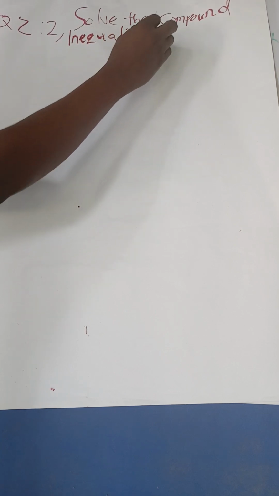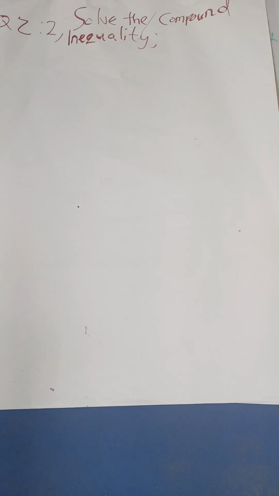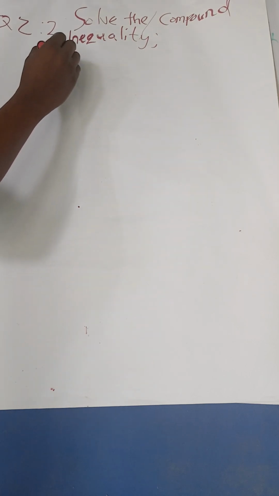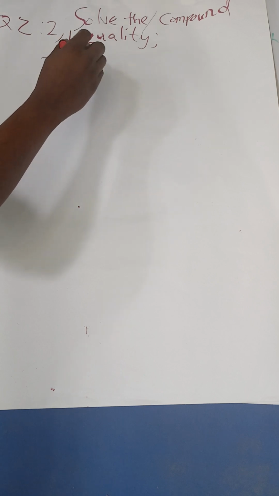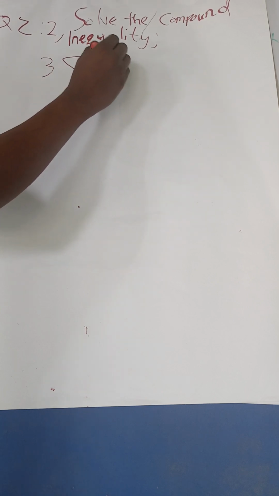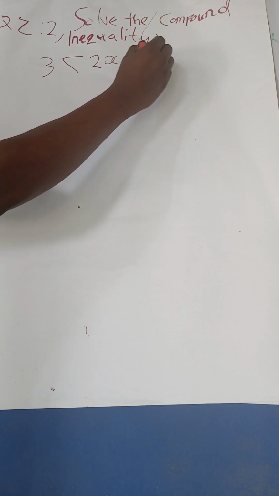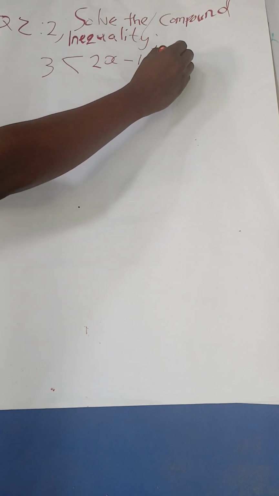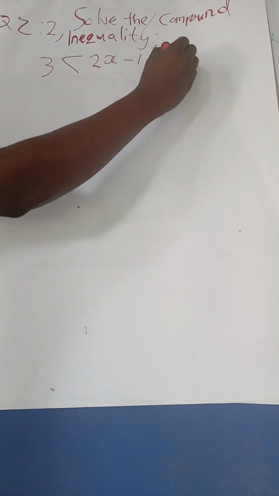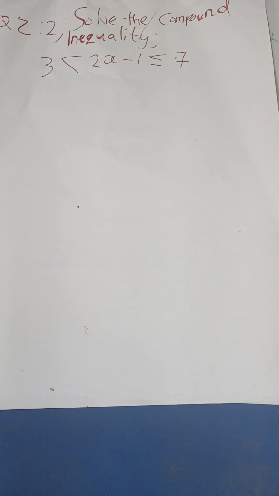Solve the compound inequality. You have been given 3 less than 2x minus 1 less than or equal to 7. A very easy question.